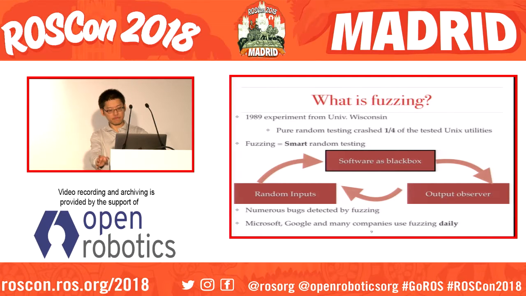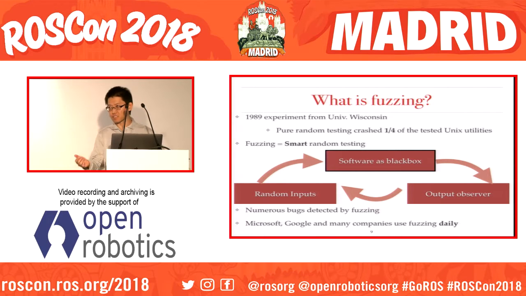Now, about fuzzing, it's another very interesting technique that we ROS folks should consider using. It all started in 1987 at the University of Wisconsin. What they did was use pure random data to feed the Unix command line.